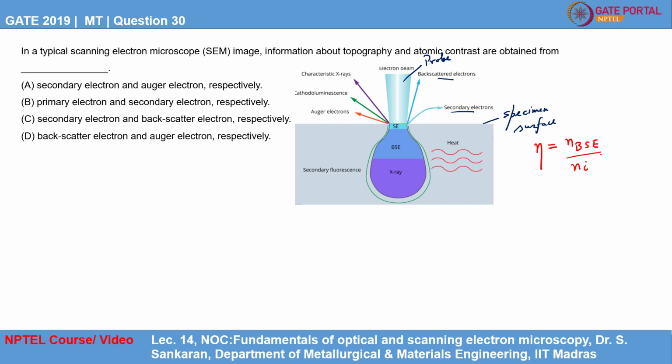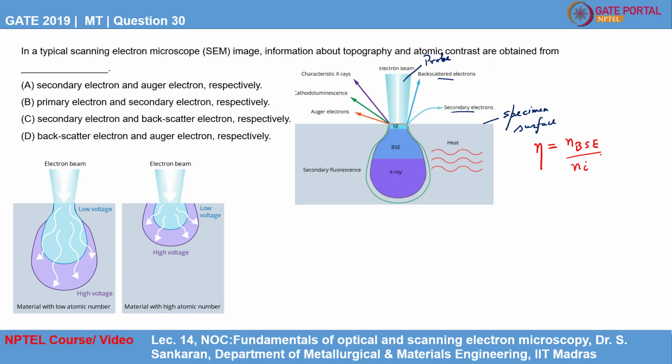That is, the area with atoms of higher atomic number is going to appear brighter, because the higher the atomic number, the more backscatter electrons are being produced.